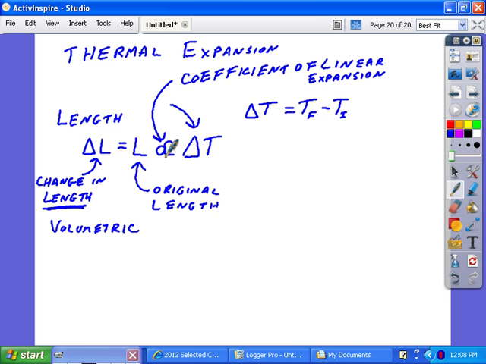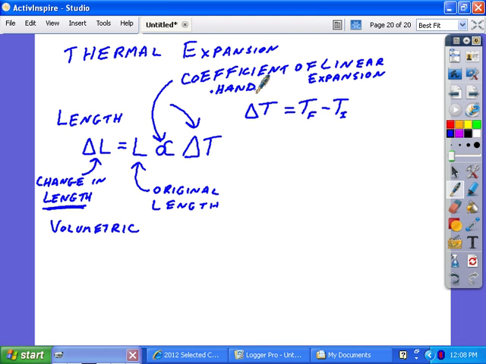A coefficient is just some set solid number. If you were to actually go back and solve for what this value would be, it is not exactly a linear relationship which would make this a constant, but it is close enough that we can treat it as that, as long as the delta T is not too dramatic. Okay? So, this is a handbook value.